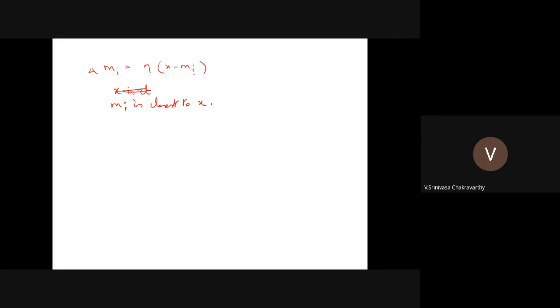Now, without putting this condition, where mi is close to x, can I make sure that a centroid will move to a data point only if it is within some scale? So I'm trying to convert this algorithm in such a way that I get a scale-based clustering algorithm.